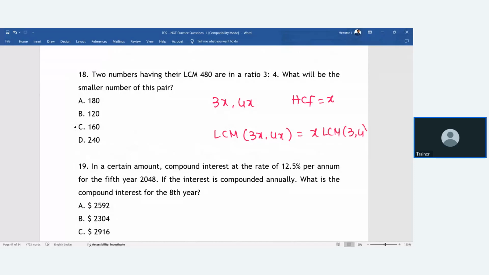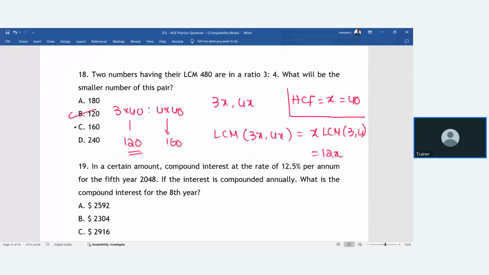The LCM of 3 and 4 is 12, so 12x. 12x is 480, so x will be 40. Sometimes they ask what the HCF value is: 40. Now the numbers are 3 into 40 and 4 into 40. You want the smallest, so 120 should be your answer.